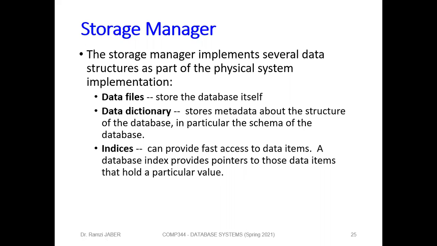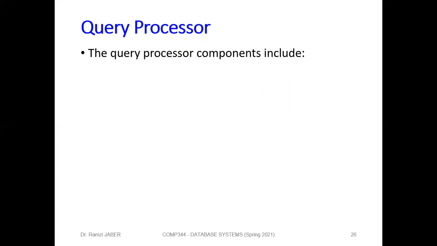Usually it's a unique number. It cannot be repeated or duplicated. So this is called an index. It can provide fast access to the data items. A database index provides pointers to those data items that hold a particular value. So we go to the table by its primary key, by its index. Then when you open the connection to that table, it's easy to go to another field.